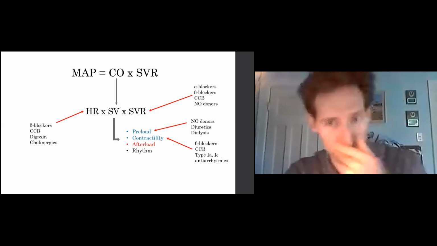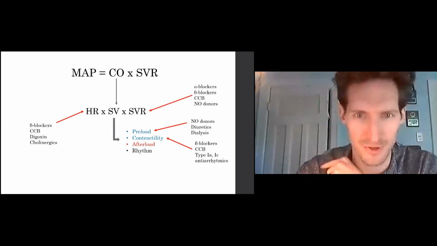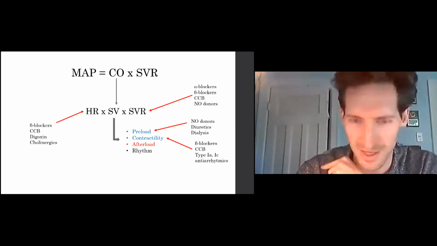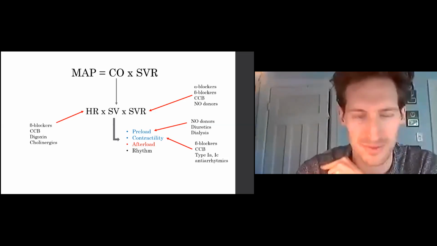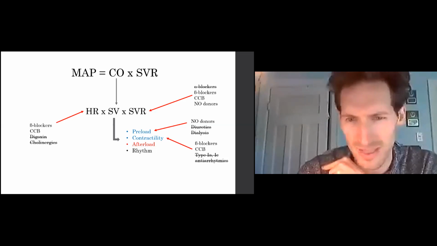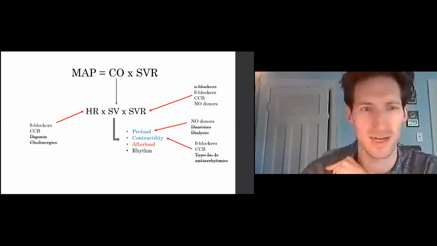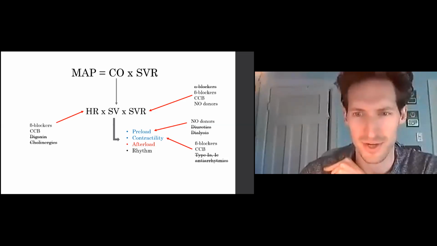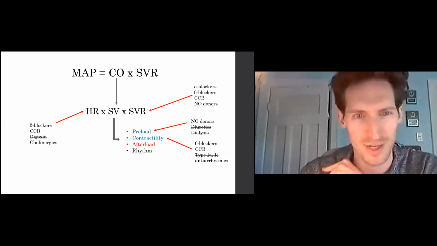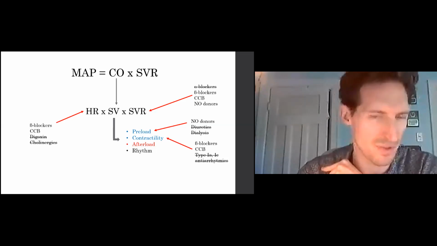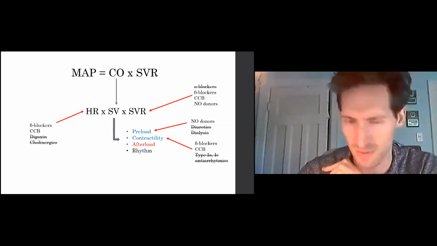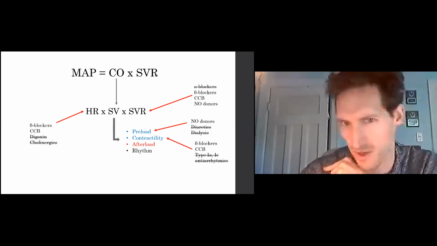Now, I realize that not all of these pharmaceutical aids are going to be useful in a critical setting. I'm not going to use digoxin to lower blood pressure. I'm not going to use cholinergics to lower blood pressure. What we're left with is mostly beta blockers, calcium channel blockers, and nitric oxide donors.